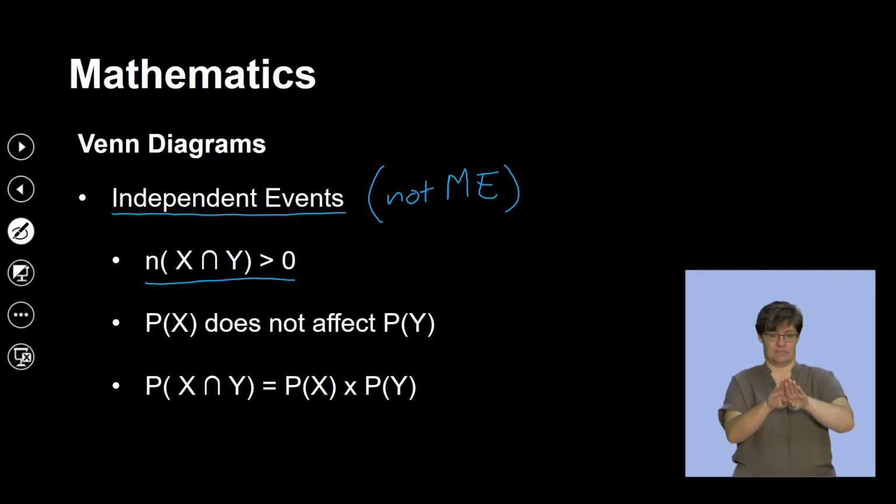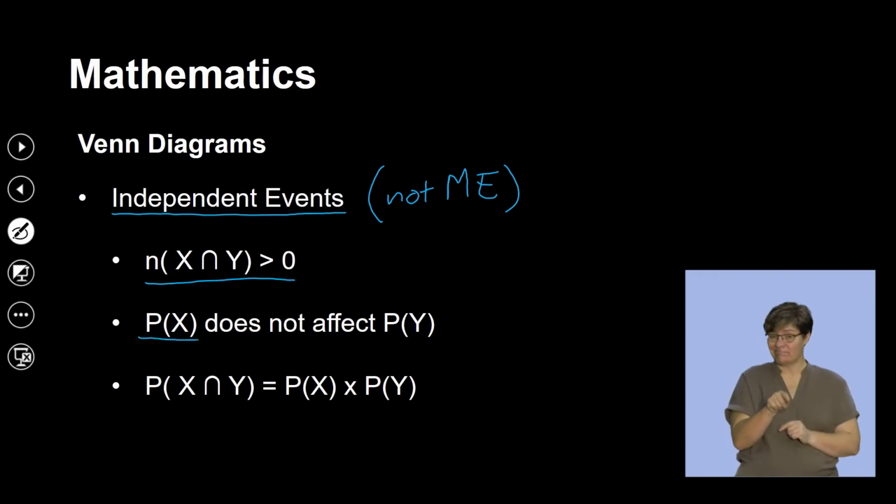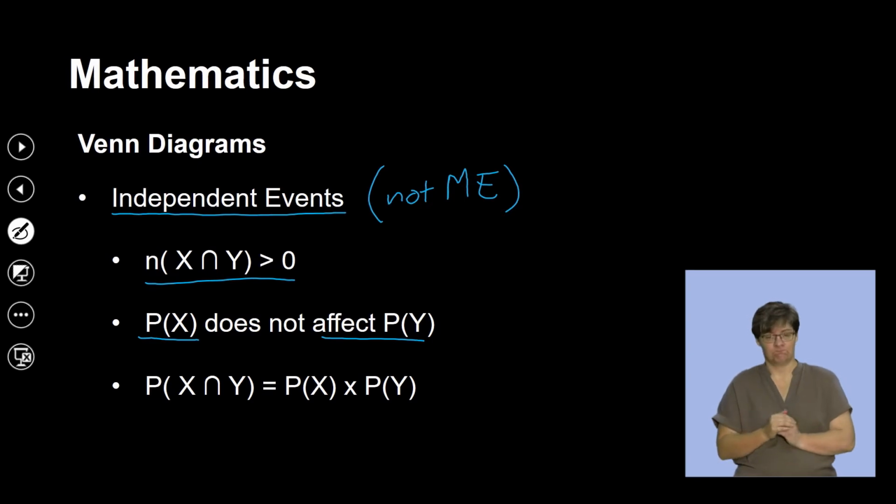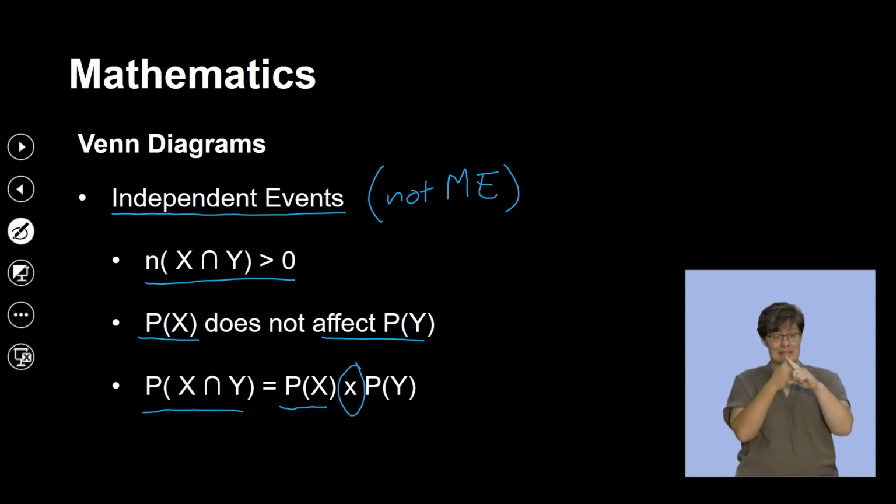In this case, the probability of X does not affect the probability of Y. And for these type of independent events, the rule is given that for that intersection, we can calculate the intersection as being the probability of X multiplied by the probability of Y. Now guys, this only happens for independent events.